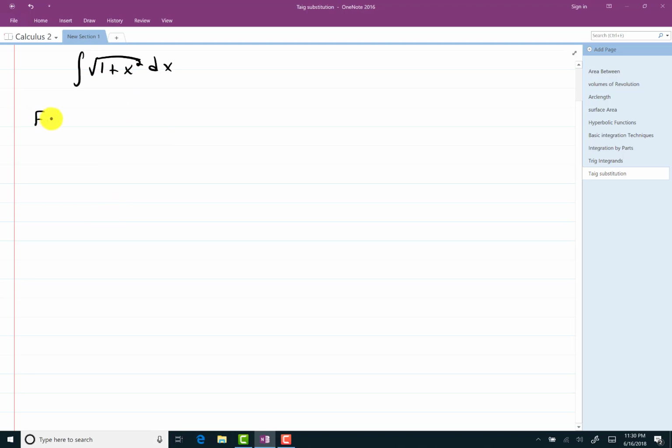First, x can be any real number. If you try to let u simply equal x, that will have the effect of changing the variable to u.